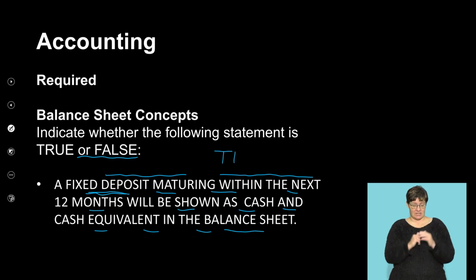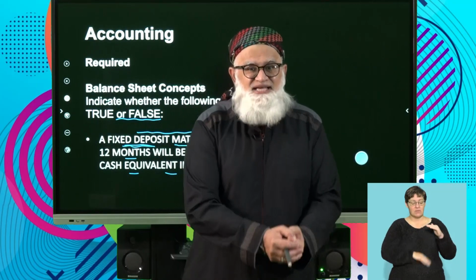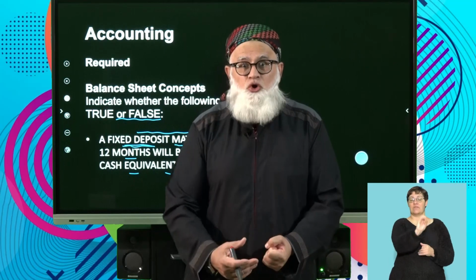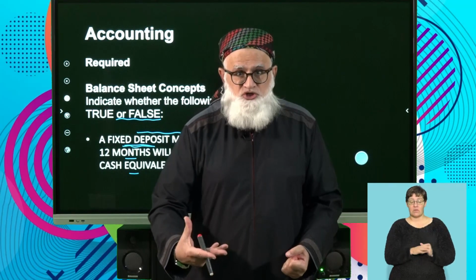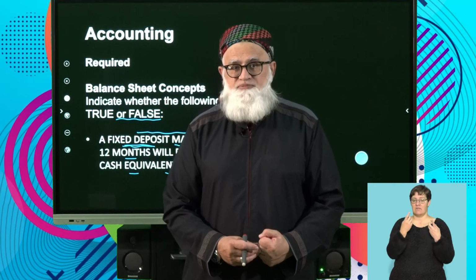Obviously, your answer here is true. Why? Because that fixed deposit that matures within 12 months is no longer a financial asset, but rather a cash and cash equivalent. What else does this mean? It means that within 12 months, you will have access to that cash. So, you are giving important information to the reader of the statement of financial position.